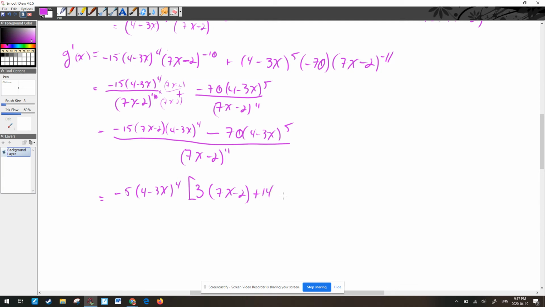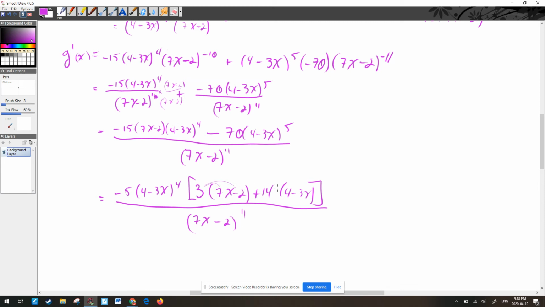And the 4 minus 3x, there were 5 of them. I took 4 of them, so there's one of those left. So 4 minus 3x, like that. And that's all going to be over 7x minus 2 to the 11th.